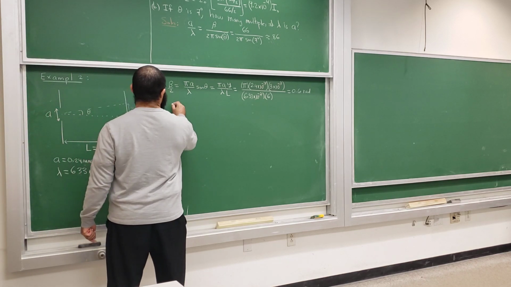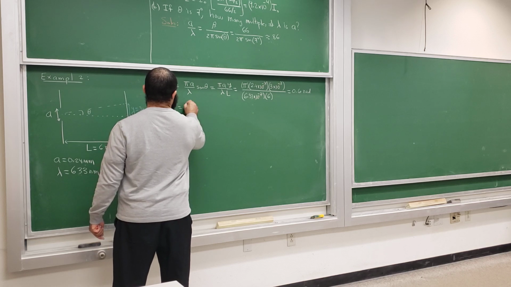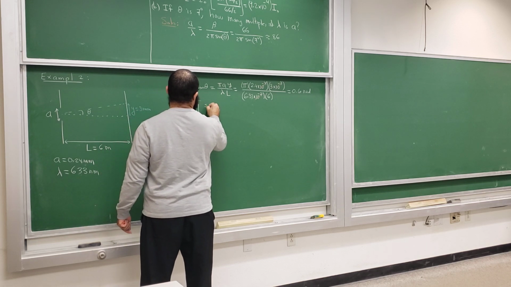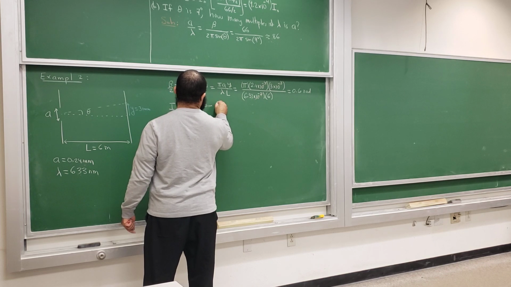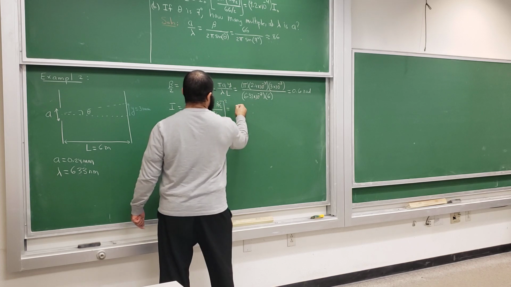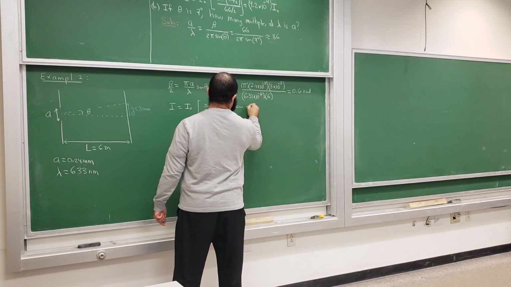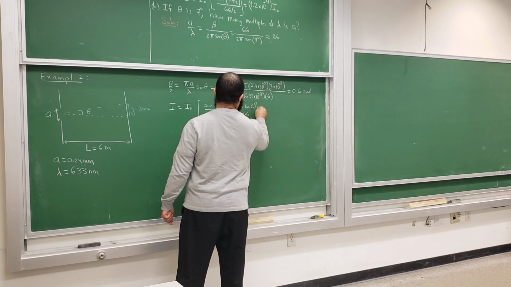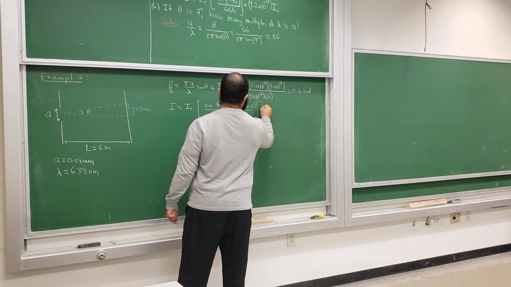Then the intensity is equal to I naught times sine of beta over 2 over beta over 2, squared. So that's sine of 0.6 over 0.6, squared, times I naught.